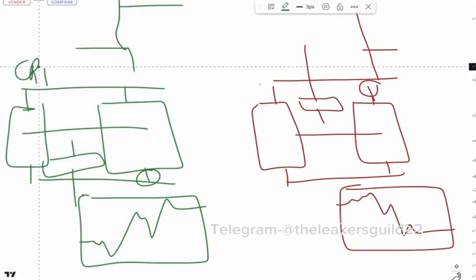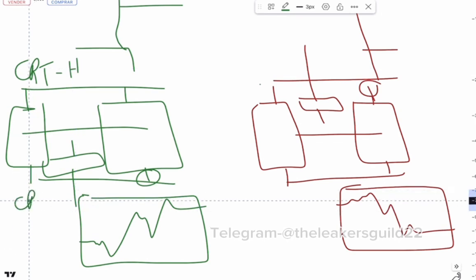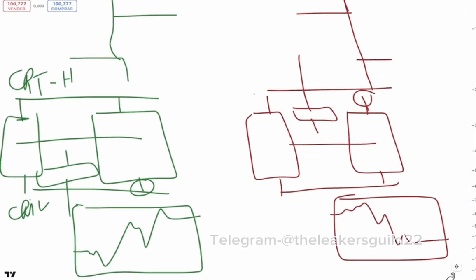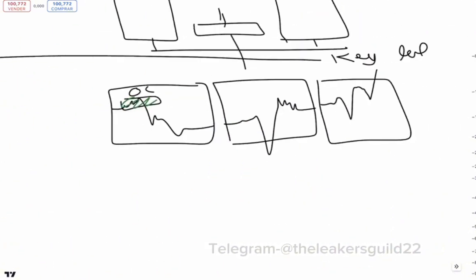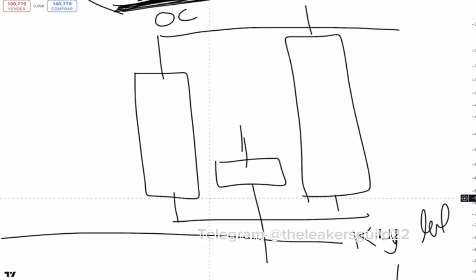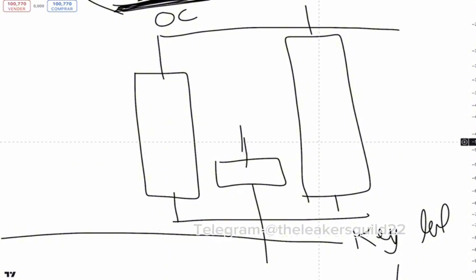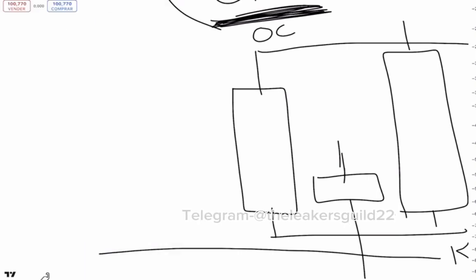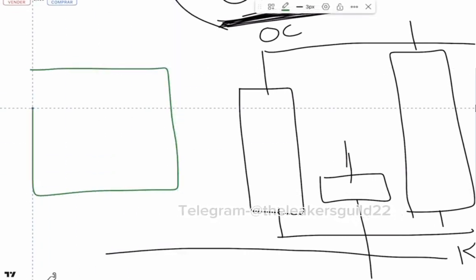CRT high, CRT low, and vice versa. Right? Again, this could be a 159, right? Trading the daily range, and this is nothing more than a 159.